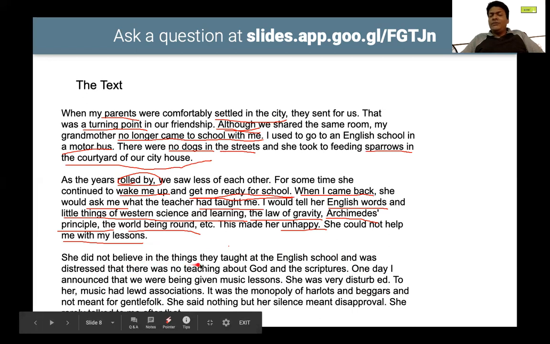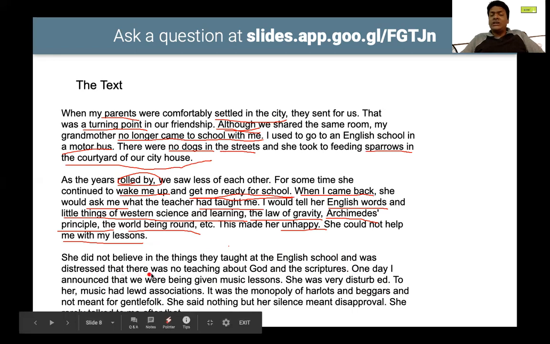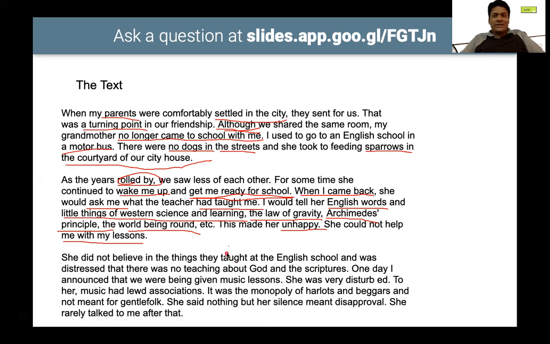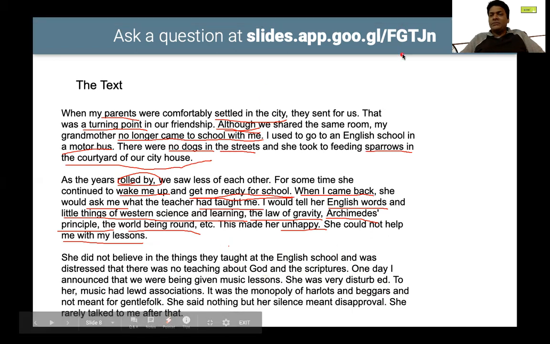She did not believe in the things they taught at the English school and was distressed that there was no teaching about God and the scriptures. Even we know that, our parents and grandparents always want that their children or their grandchildren must learn good things.